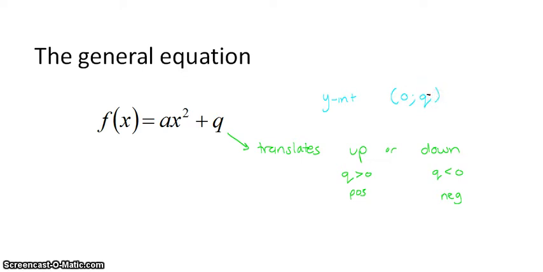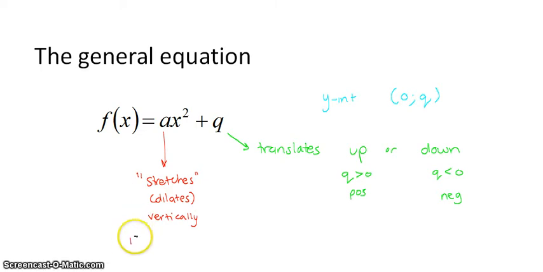So there's my y-intercept. Notice also we talked about the a value, which stretches, and that's a pretty slang term. The proper word is dilates the function vertically, so by a factor of a.